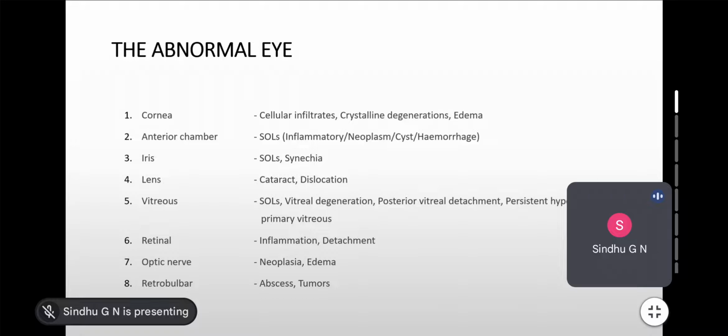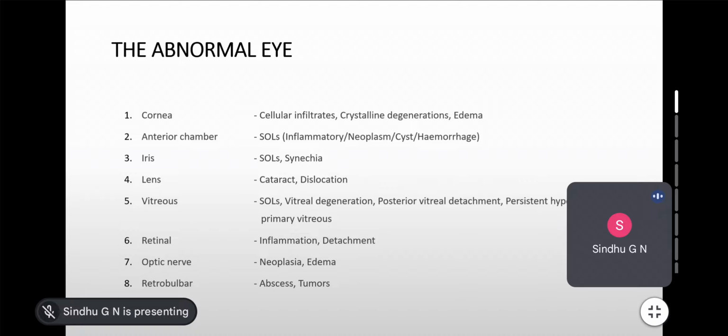Then vitreous space occupying lesions, vitreal degeneration, then some congenital conditions like persistent hypoplastic primary vitreous, then retinal inflammation and detachment, subretinal fluid accumulation, optic nerve neoplasms and edema, retrobulbar abscesses and tumors we can see with ultrasonography.